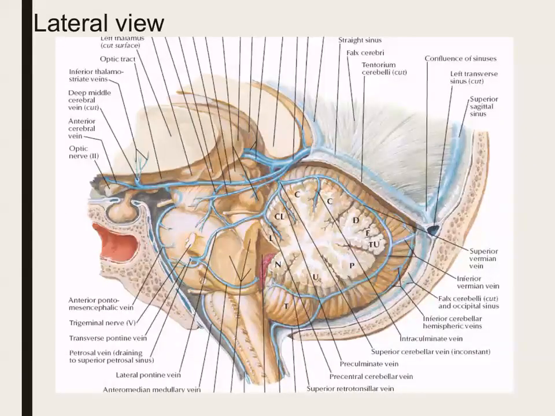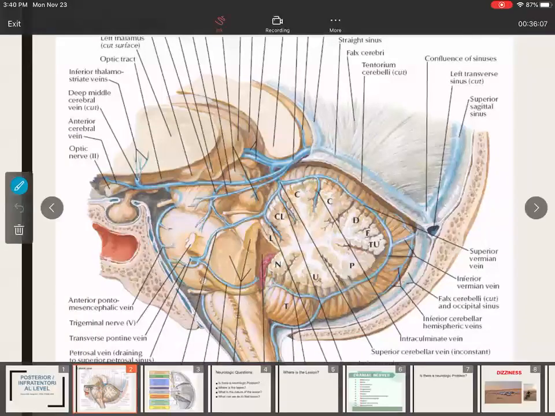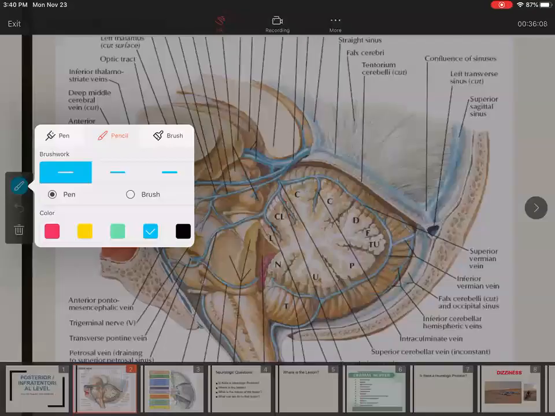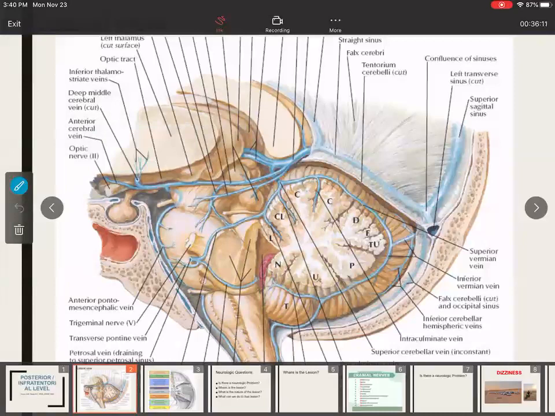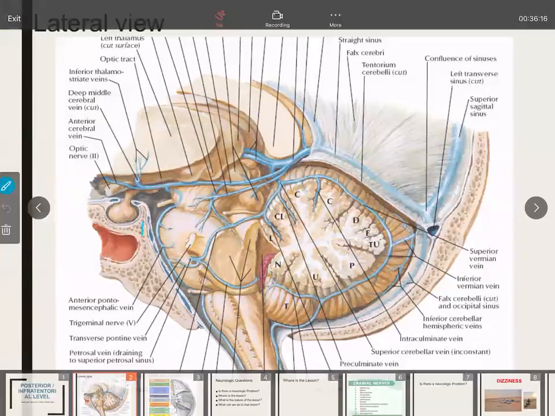First of all, I would like to discuss the boundaries of the posterior fossa area, okay? The anterior part, or the front side of the cranial fossa or infratentorial level, is your clivus.